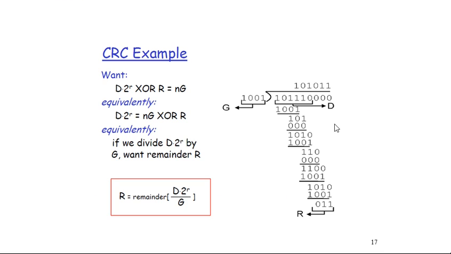So our aim is to make this number divisible by 1001. If I divide this number by 1001, you will get remainder 011. So you remove the 3 zeros that you appended, place 011 instead of them, and then send this whole data to the receiver.